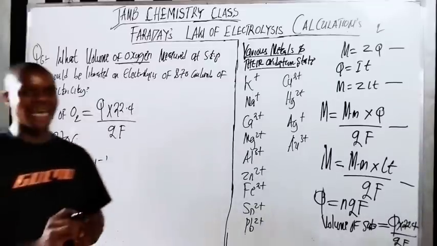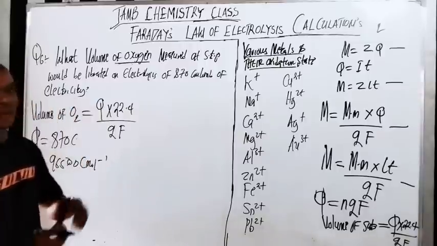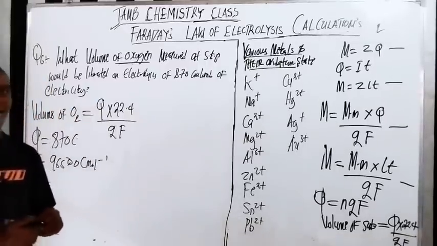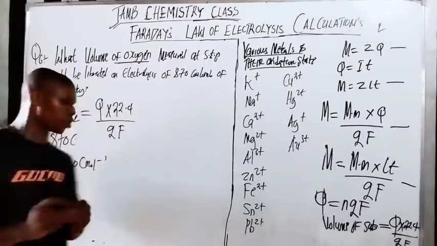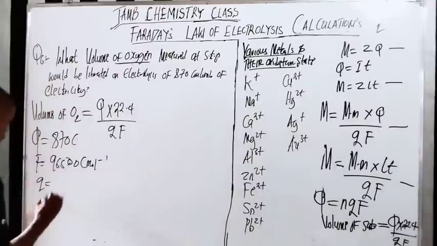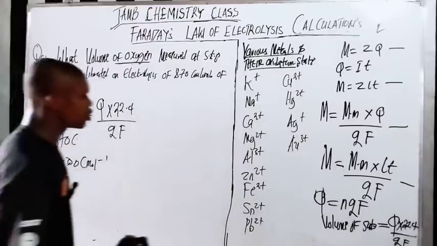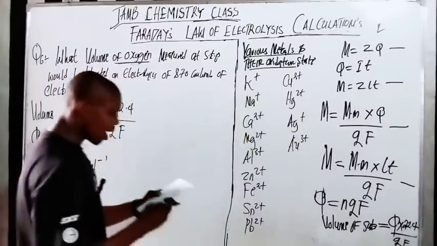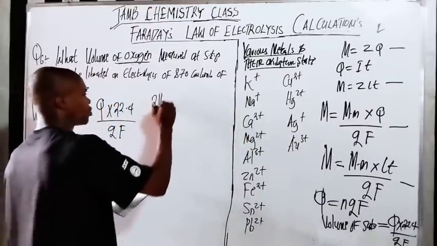Now in the electrolysis of water here, oxygen will be at the anode, and the number of electrons that will be lost is 4. Now let me show you the reaction that will occur at the anode.